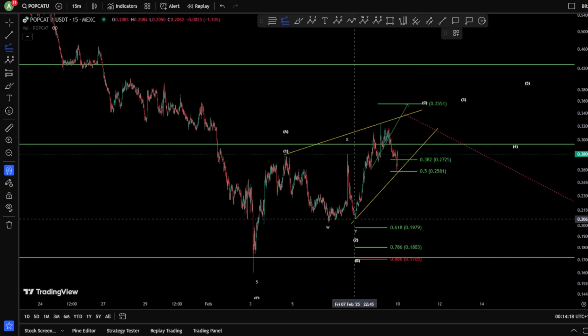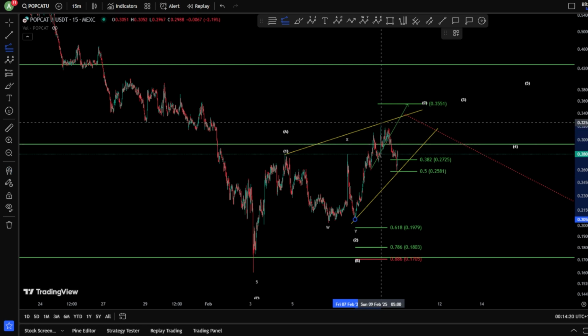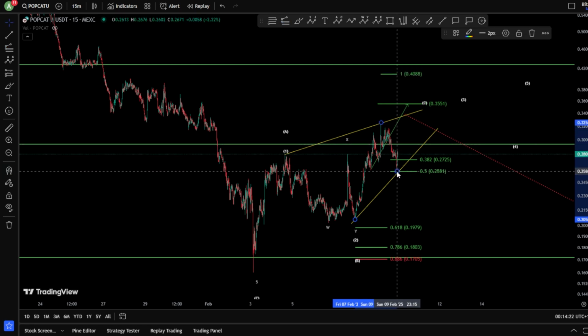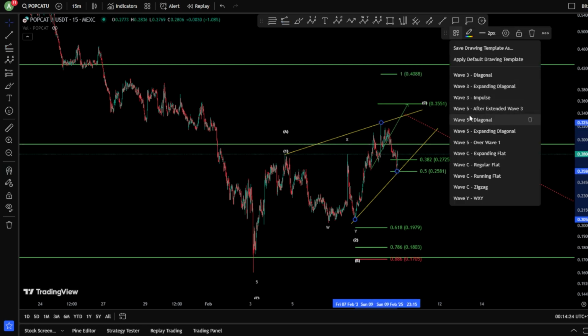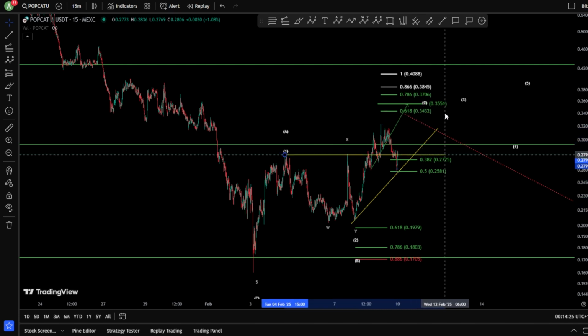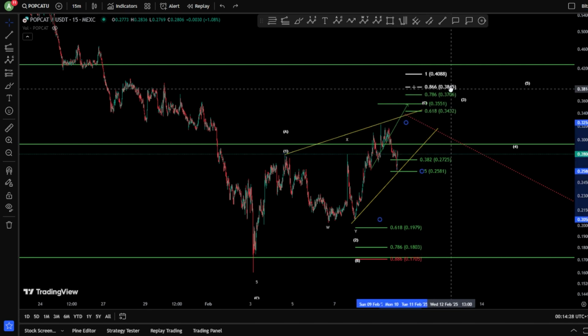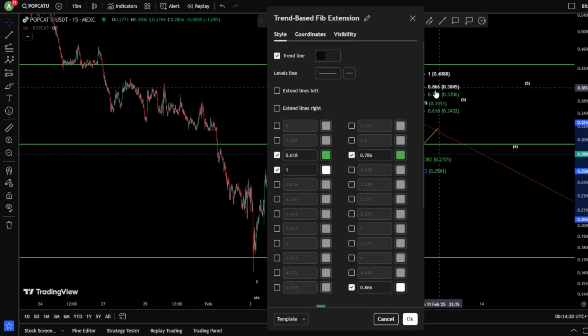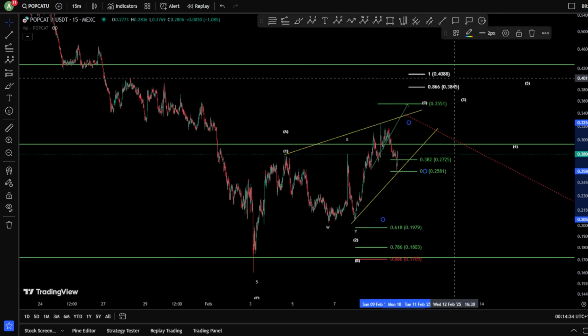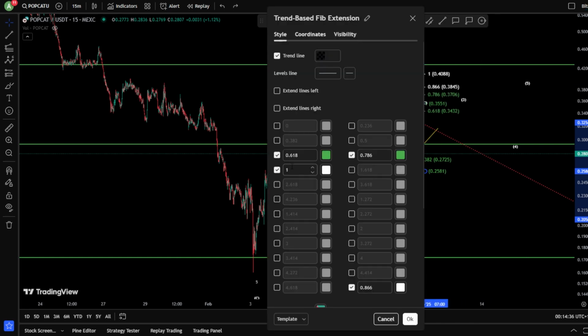So in case we have a wave 5, these are your targets as well. Here we go, wave 5 in diagonal. All right, so these are the perfect targets, which, as you can see, are in confluence with the 1-to-1 fib level as a zigzag. Sorry, here we go. Let's remove this one and this one.